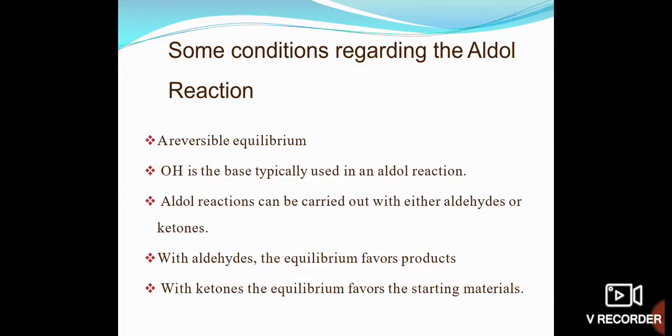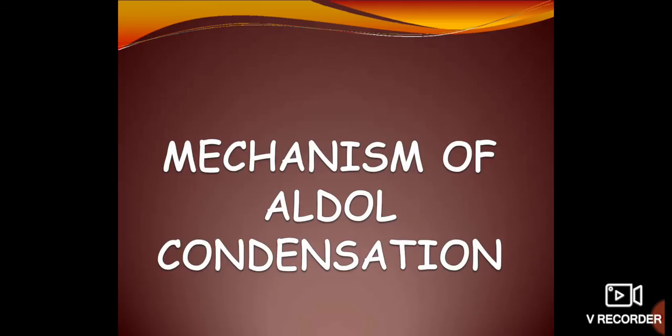This reaction can be carried out with two molecules of aldehyde, or two molecules of ketone, or one molecule of aldehyde and one molecule of ketone. With aldehydes, the equilibrium favors products. With ketones, the equilibrium favors the starting materials. These are some of the reaction conditions.